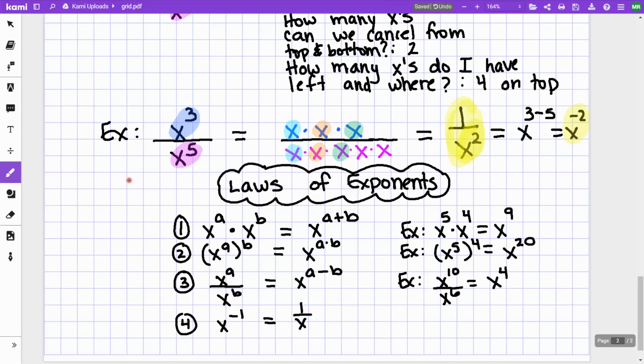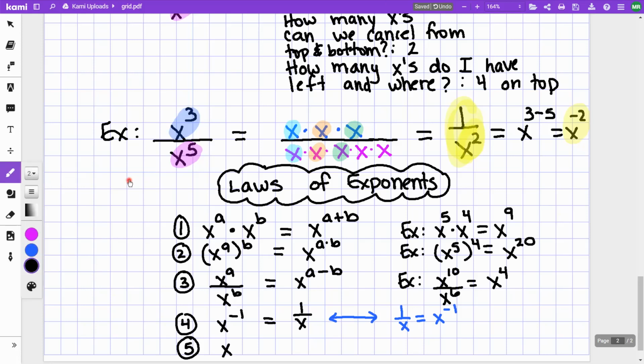Now, I'm also going to write that if I have 1 over x, that's going to be the same as x to the negative first. Okay, I can also see it that way.